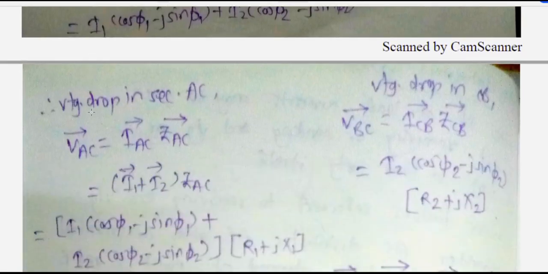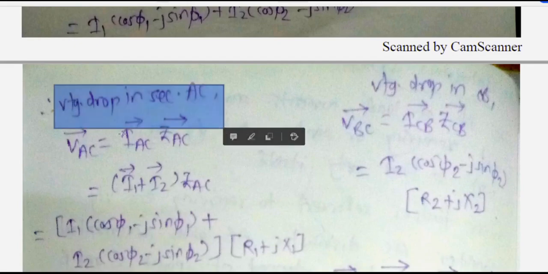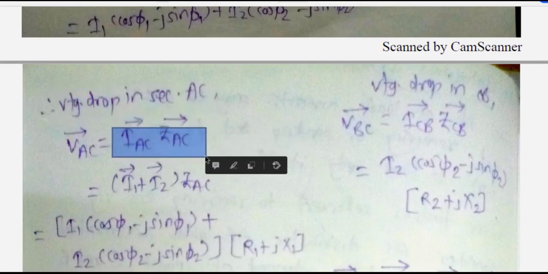Now we are interested in finding the voltage drop in the section AC. What is the voltage drop? It is the product of two quantities: the current and the impedance.